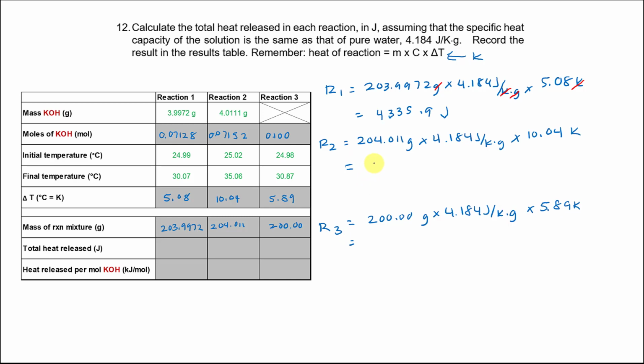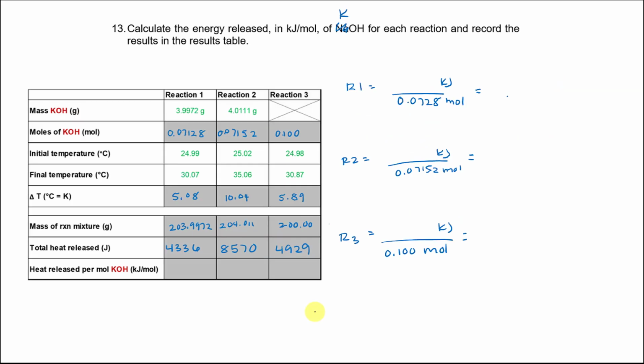So our values here are, so that is our total heat release, so I can add that to my table. I'm just going to round here to the whole number. So those are all in joules.